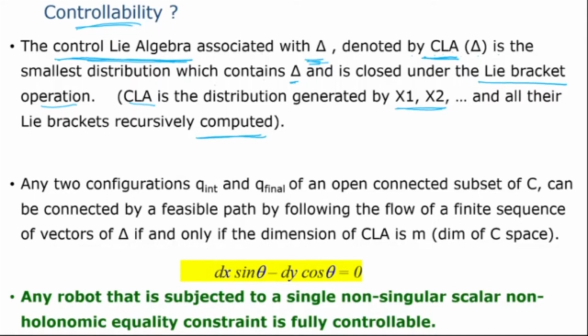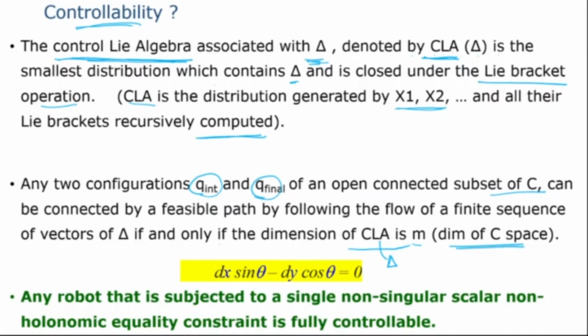Now, any two configurations, Q initial to Q final, of an open connected subset of C, the configuration space, can be connected by a physical path by following the flow of a finite sequence of vectors of delta if and only if the dimension of CLA is M. That means the dimension of the control Lie algebra of delta is M, which is the dimension of the configuration space.